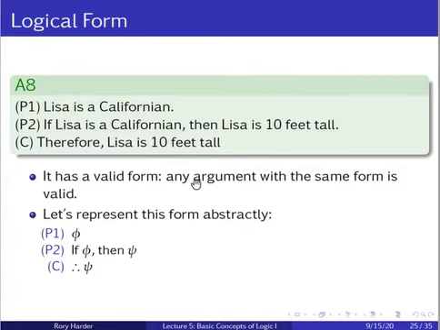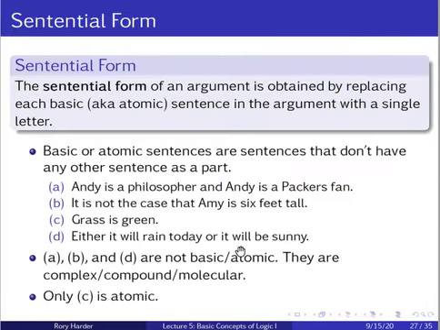And to obtain the form of this argument, we replace those with these letters, phi and psi. So you can obtain the sentential form of an argument by replacing each basic sentence in the argument with a single letter. And it's crucial here that it's the basic or atomic sentences that are being replaced by a single letter. So what does it mean for something to be a basic or atomic sentence? A basic or atomic sentence is a sentence that doesn't have any other sentence as a part.